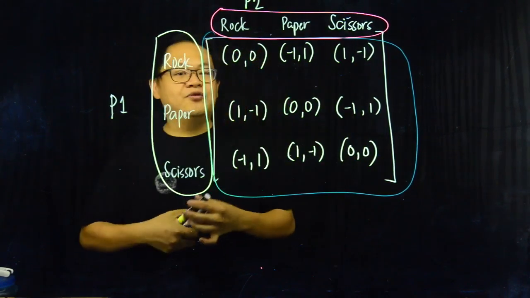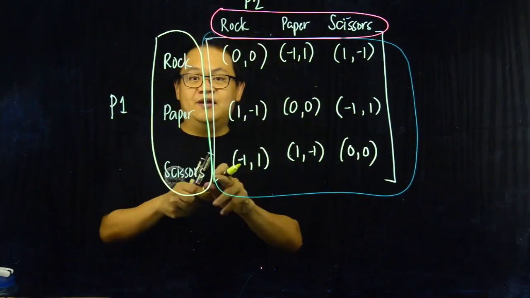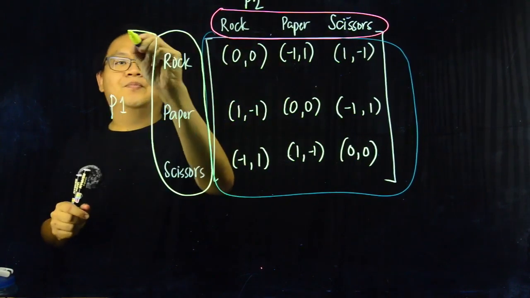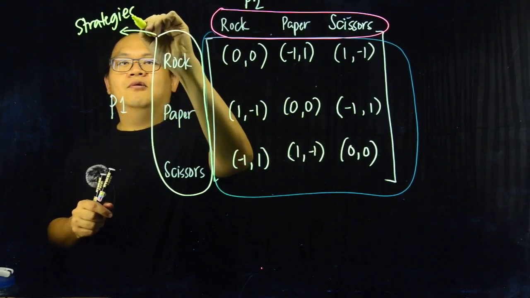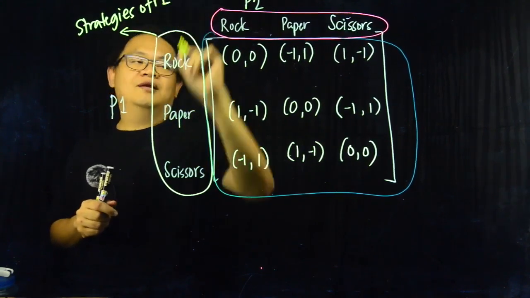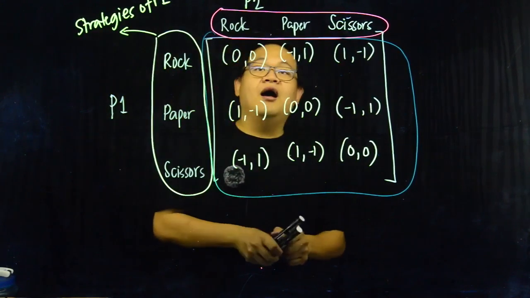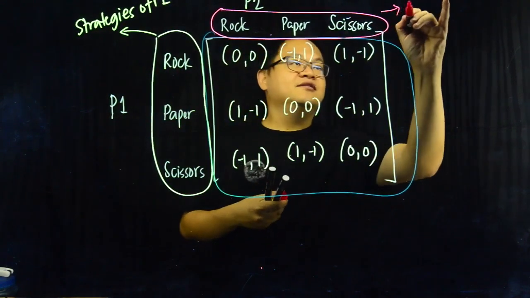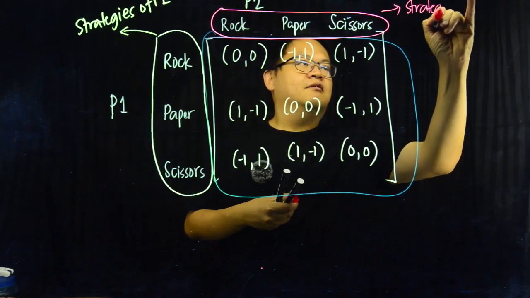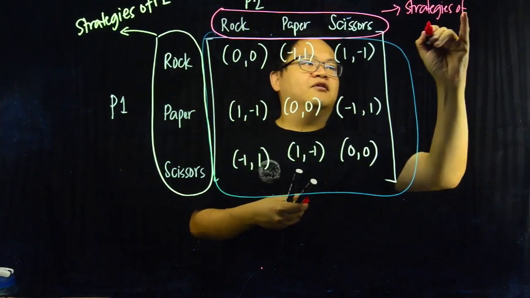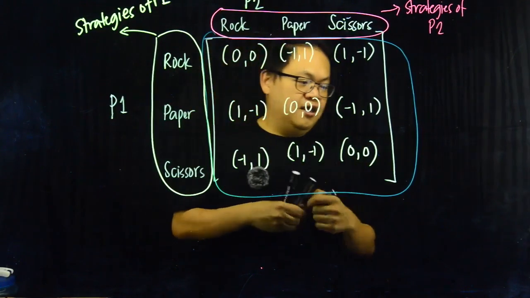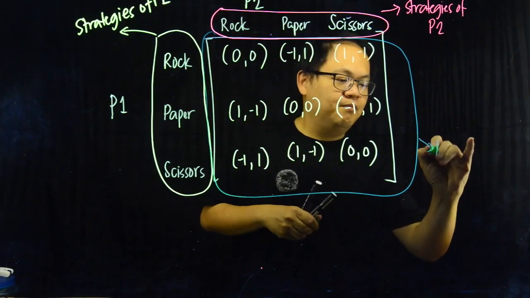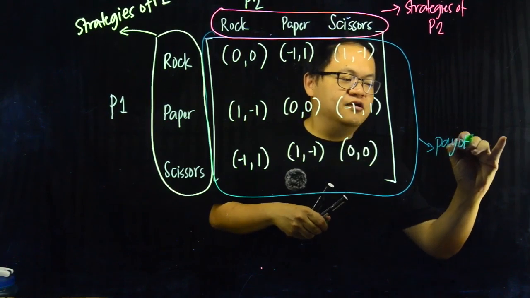So, what are the three components of a game theory problem? These are the strategies of player 1. These are the strategies of player 2. And this is your payoff table.